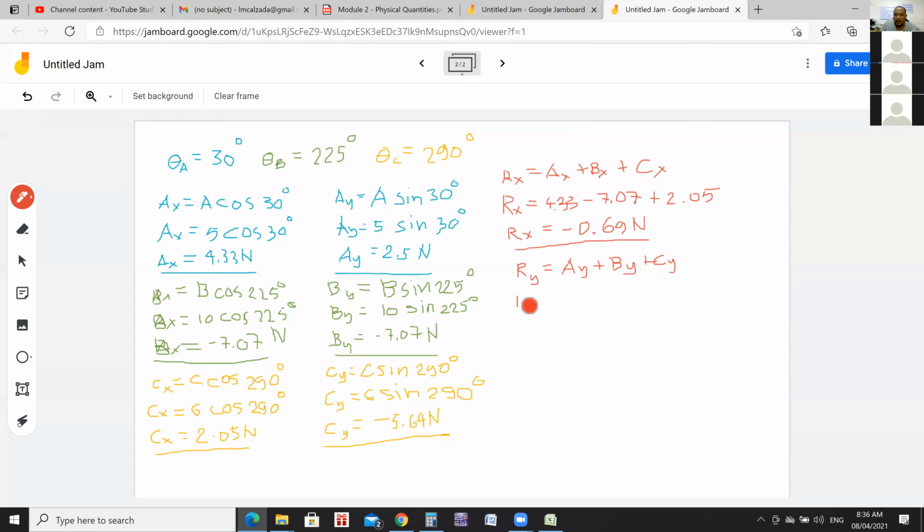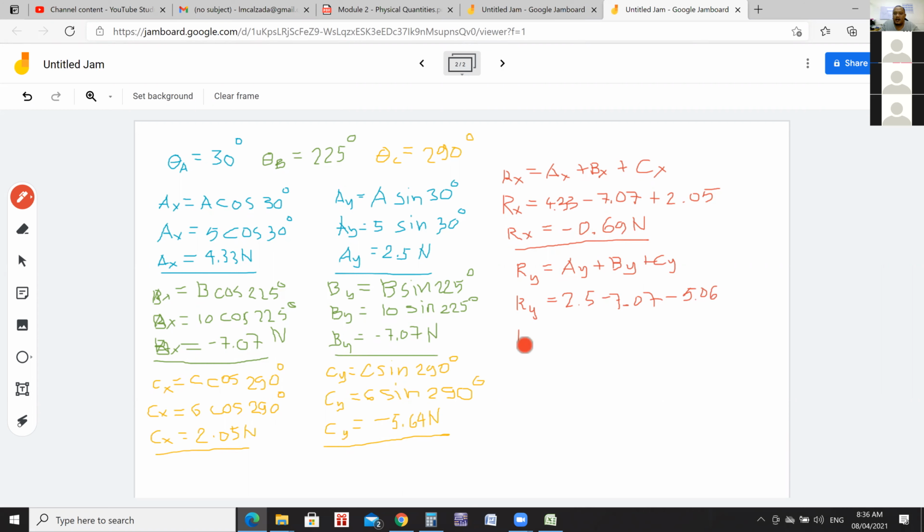Or Ry is equals to 2.54, minus 7.07, minus 5.64.